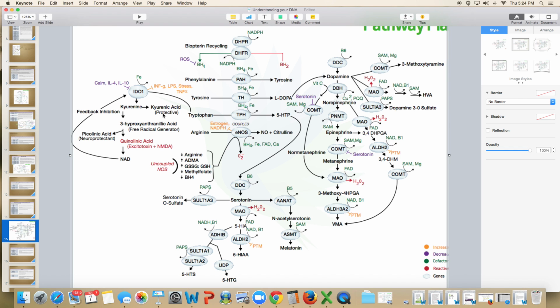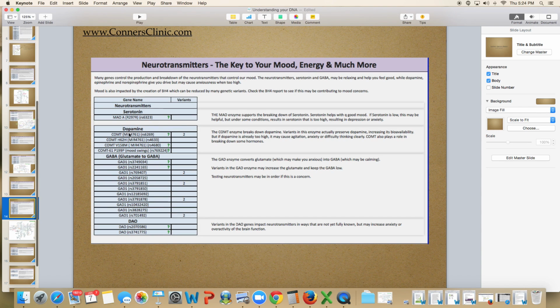So you add a COMT defect with a MAO defect and a GAD defect. GAD is how you create GABA. Now you add a GAD defect, and GABA is actually a calming neurotransmitter. It brings calm. You need a lot of GABA to go to sleep at night and rest. A person that has a healthy GABA production is calm and understanding and can talk through things.